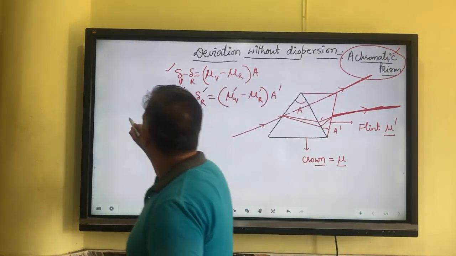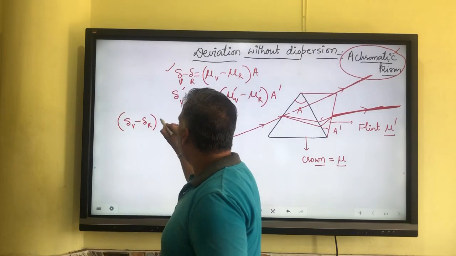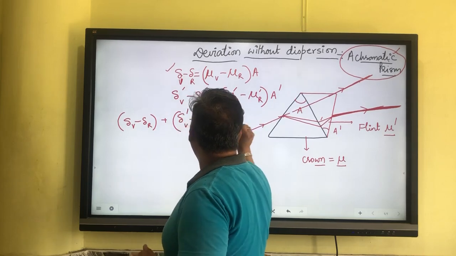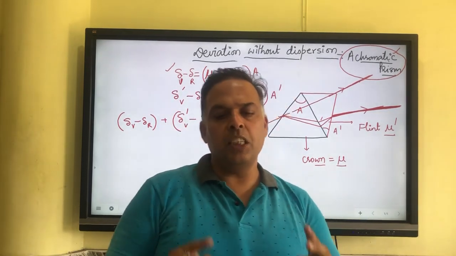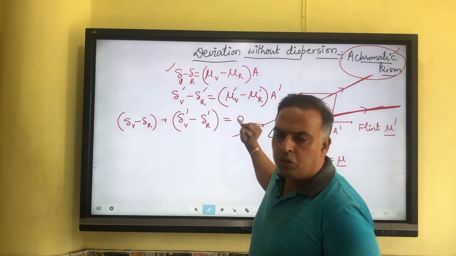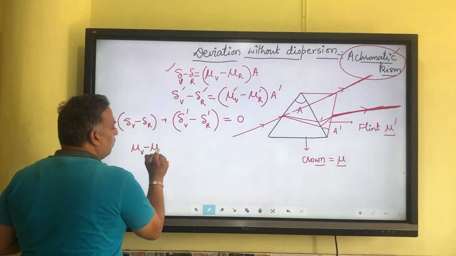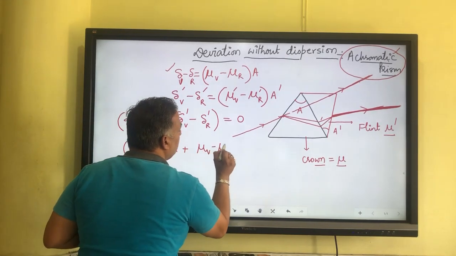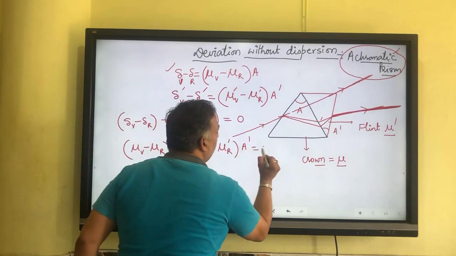So the total dispersion is delta V minus delta R, the dispersion by one, plus delta V dash minus delta R dash, the dispersion by the other. Net dispersion is 0. So mu V minus mu R into A plus mu V dash minus mu R dash into A dash becomes equal to 0.